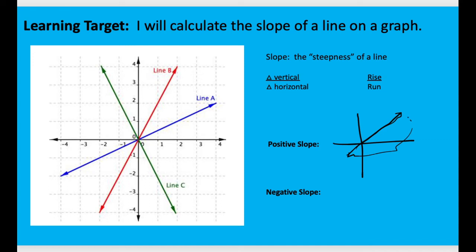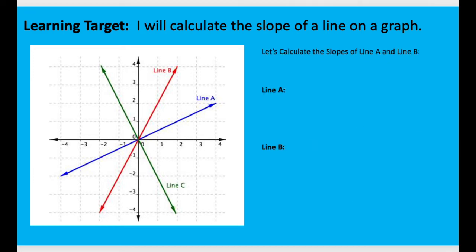A negative slope is a line that's going to start in the top left corner and go down towards the bottom right corner. So this line would be an example of a line with a negative slope. Looking at my graph, line A, which is blue, and line B, which is red, both have a positive slope, while the green line, line C, has a negative slope.